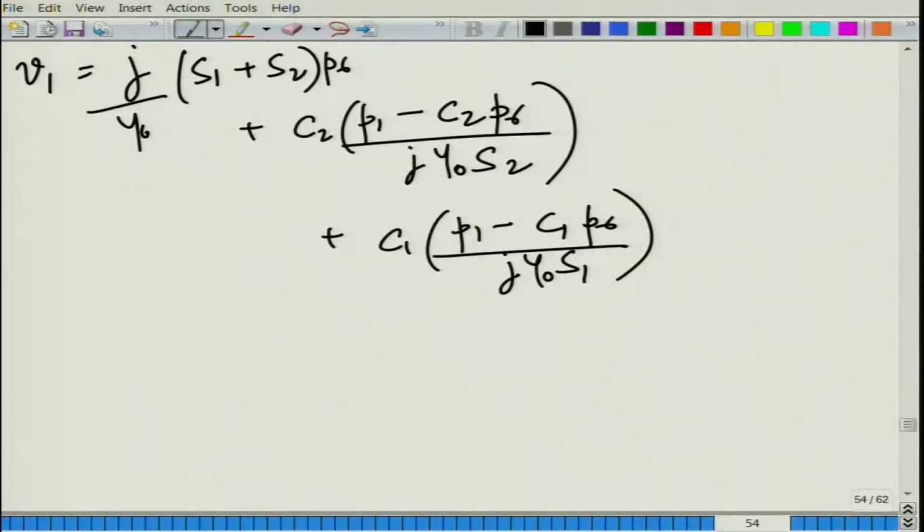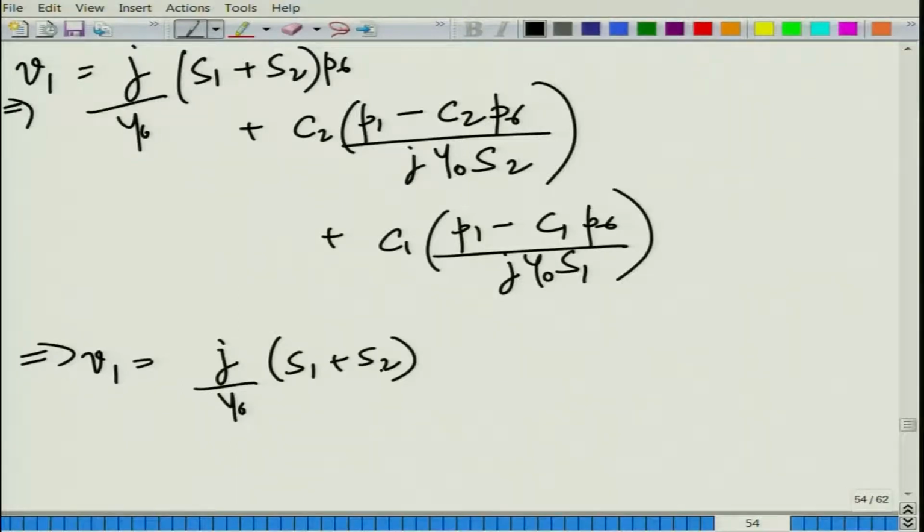So we can again simplify these. What will we get? We will get j Y naught into S1 plus S2, and P6 is with this thing. So it becomes minus C2 square by j Y naught S2. Note that this is a minus.